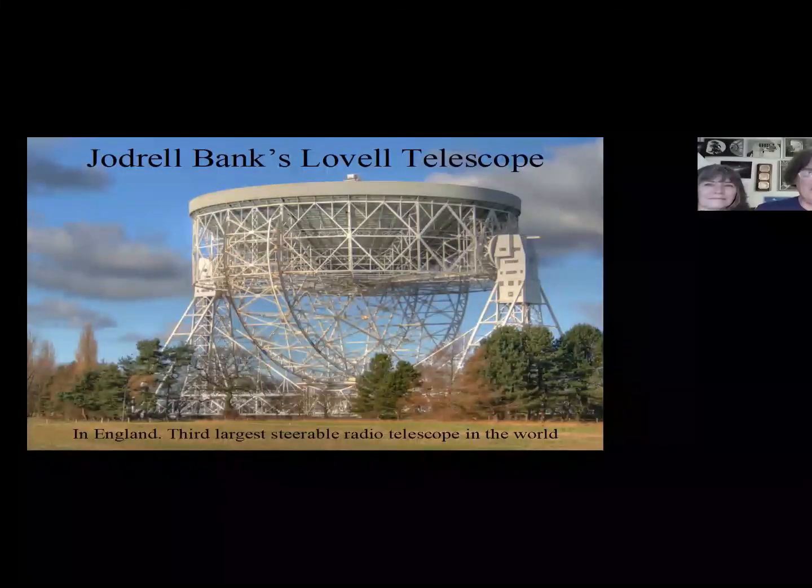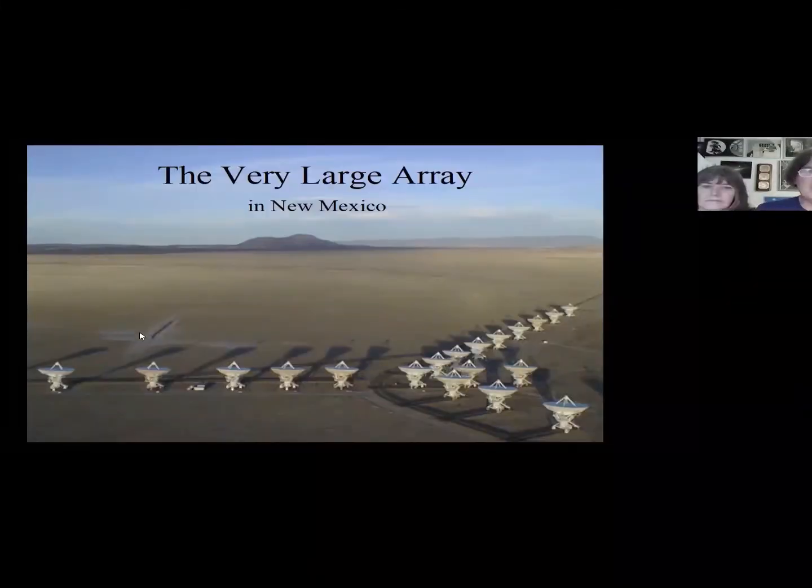The Very Large Array in New Mexico is made of individual dishes that can be moved out on tracks. This image shows them all packed in fairly close together, but they can be moved out to where they are 13 miles away from each other, the farthest ones. So it makes, in effect, a radio telescope dish 13 miles wide, with a lot of gaps in between.